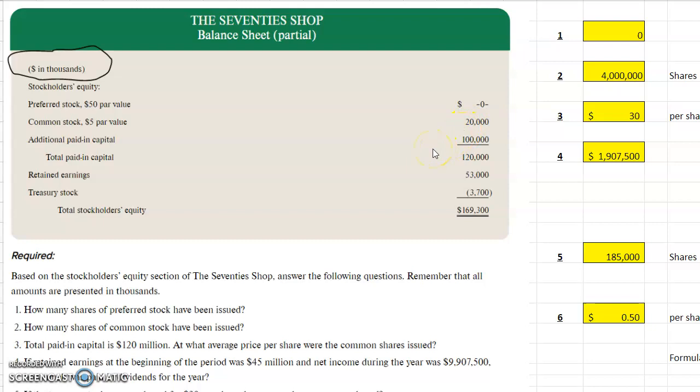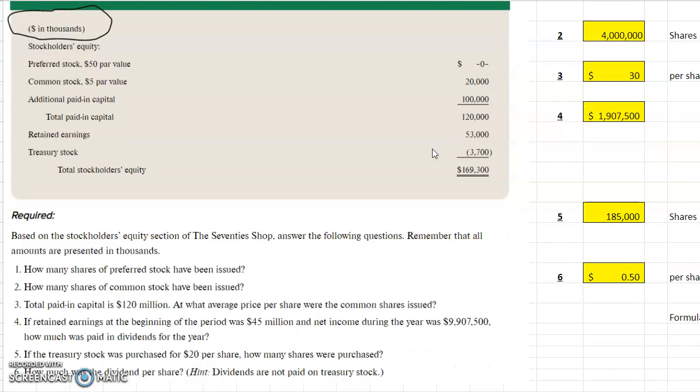Okay, how many shares of common stock have been issued? Remember, common stock that has a par value, only the par value goes into the common stock account. So we have $20,000 in the common stock account, and it's 20,000 or 20 million.